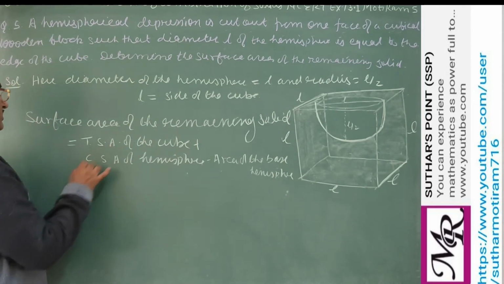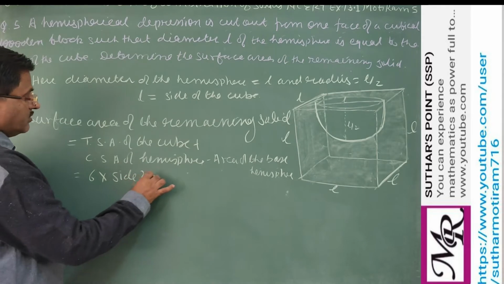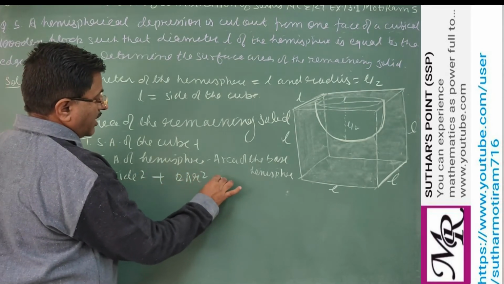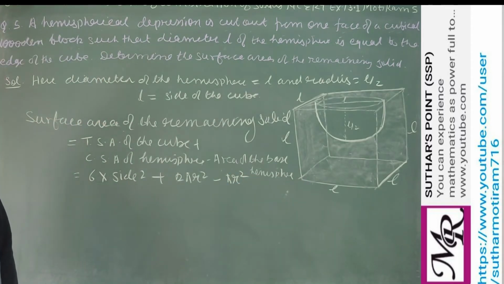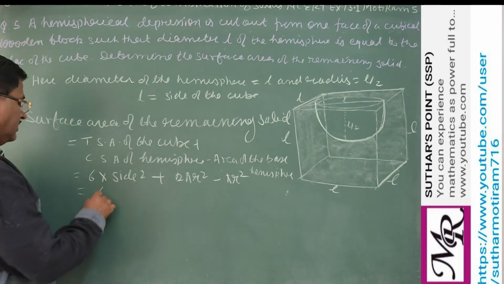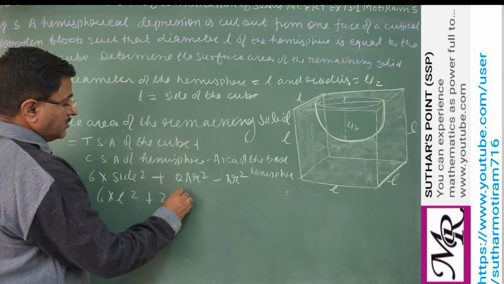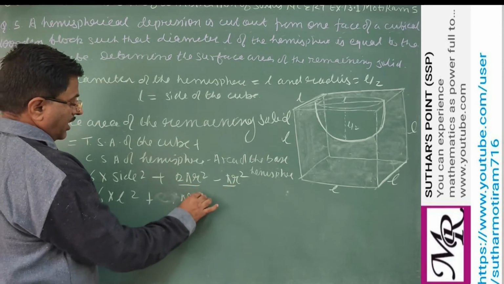So total surface area of the cube, we have already used the formula 6 into side squared, plus curved surface area 2 pi r squared, minus base area, that is pi r squared. Clear? So now use this formula. Side is given as L. 2 pi r squared minus pi r squared gives pi r squared.